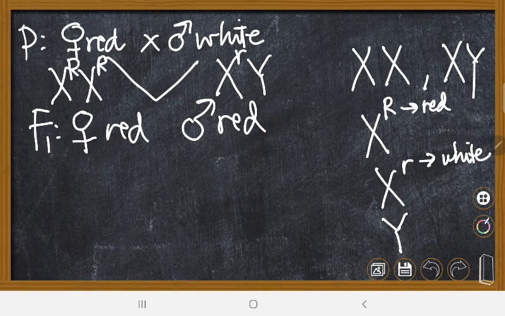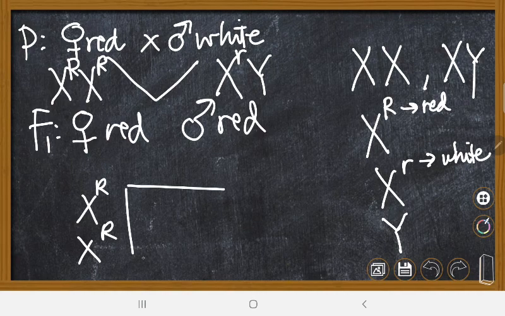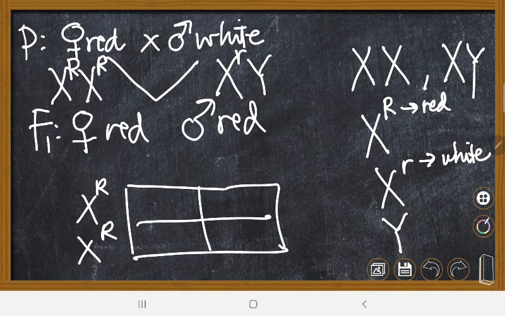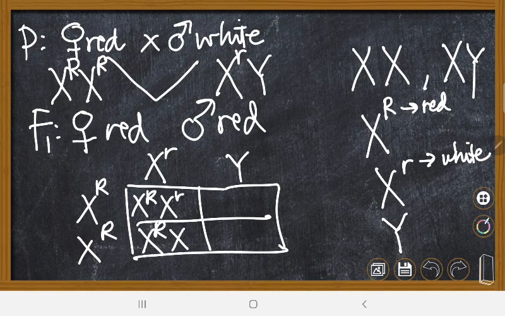Okay? So if we do the Punnett square for that, this is the alleles produced by the female parent here on the left side. On top, let's place the alleles produced by the male parent. Okay? X small r and Y. So we combine the alleles to determine what the genotype is for the offspring.